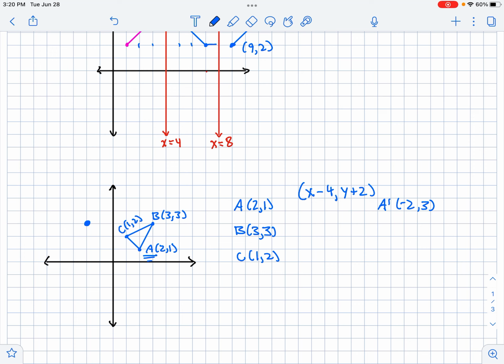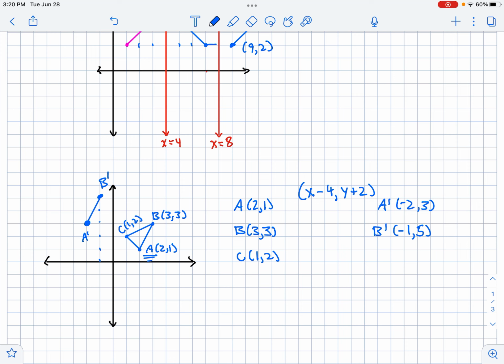Now let's look at B prime. I'm going to subtract 4, and I get negative 1. Add 2, and I get 5. So we got negative 1, 5. Negative 1, 1, 2, 3, 4, 5. And that right there is B prime. Okay, let me mark this: A prime, B prime. Let me go ahead and put a line there.